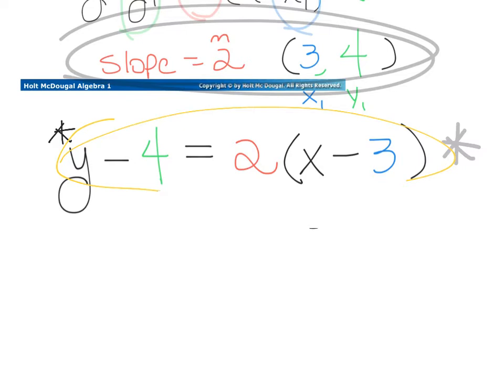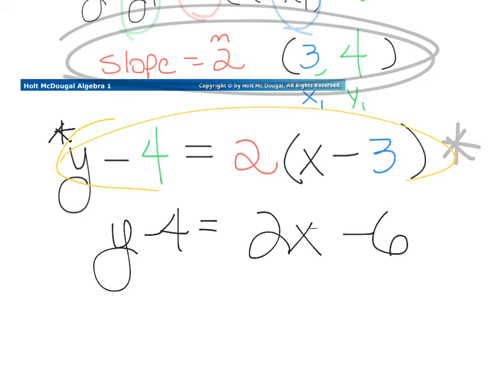So 2x and 2 times negative 3 is negative 6. I'm going to drop down the y minus 4 equals, and now I still need it in the right form, so I have to add the 4.